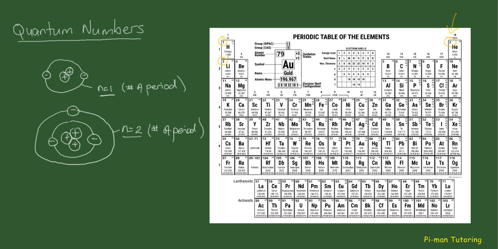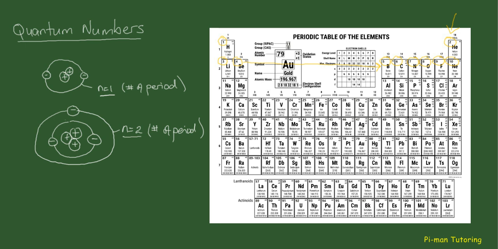But now what happens as we go across? We can see that the next element, beryllium, has 4 electrons. And then we have this strange gap in the table before we come to boron with 5 electrons, carbon with 6, nitrogen with 7, oxygen with 8, fluorine with 9, before we get to neon, our next noble gas.